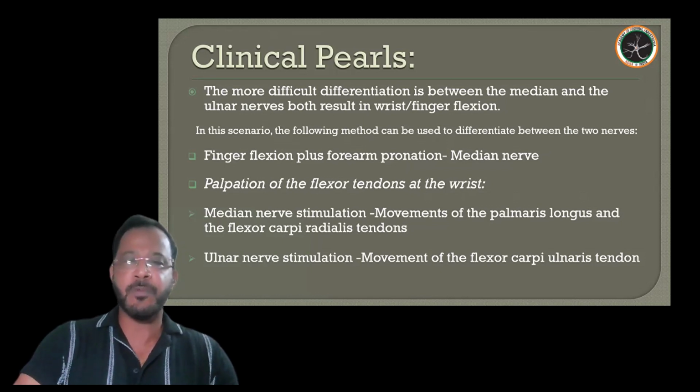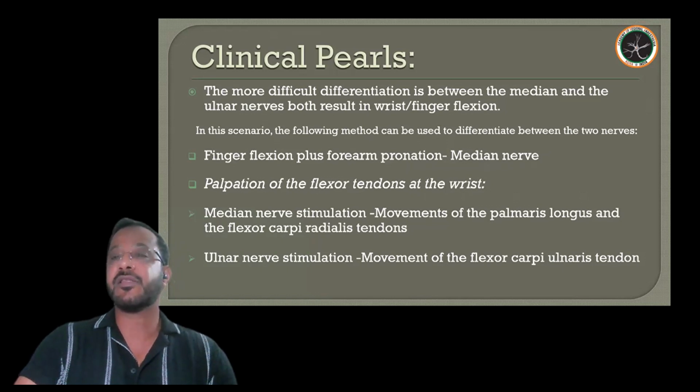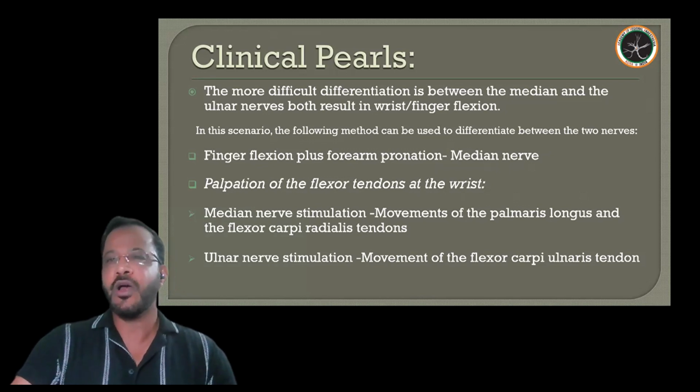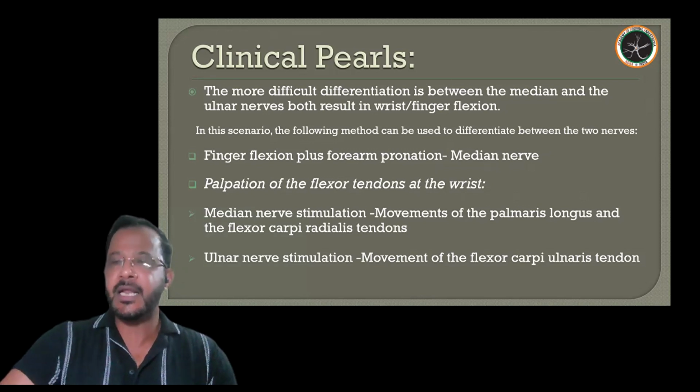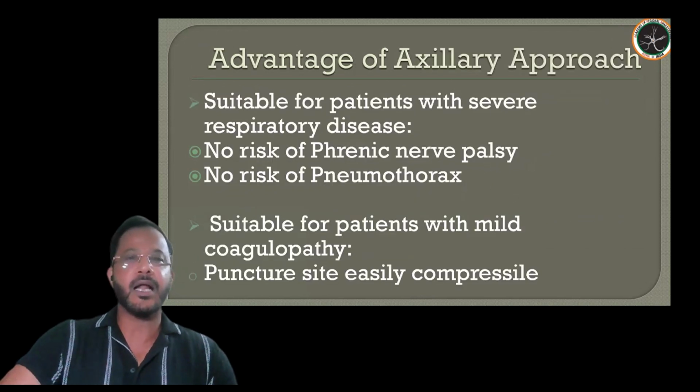With median nerve stimulation, movement of the palmaris longus and flexor carpi radialis tendons occurs. With ulnar nerve stimulation, you can see the movement of the flexor carpi ulnaris tendon. So, by palpation of the flexor tendons at the wrist, you can know whether you are stimulating the median nerve or the ulnar nerve.